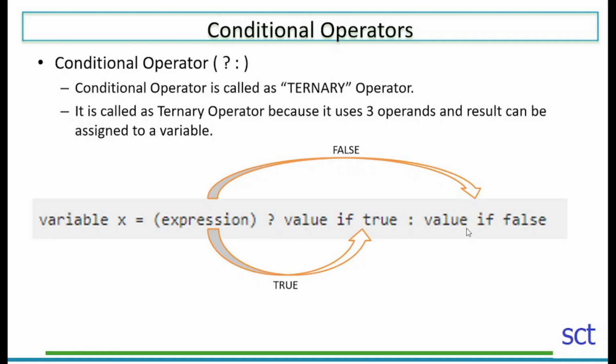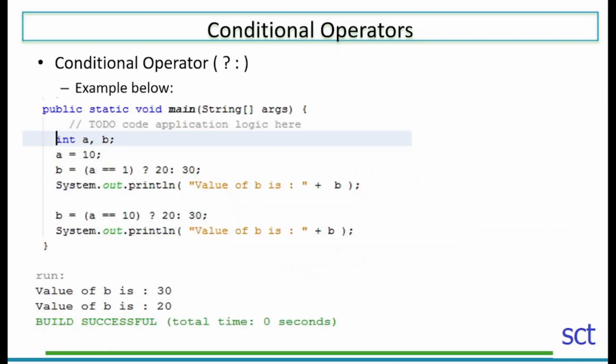So let us take one example. This is an important example to understand the ternary operator, which is nothing but the conditional operator. I am going to take a main program, declaring A and B as integer variables, and A is equal to 10. And I am using the conditional operator here, B equal to an expression, and this expression is a conditional operator.